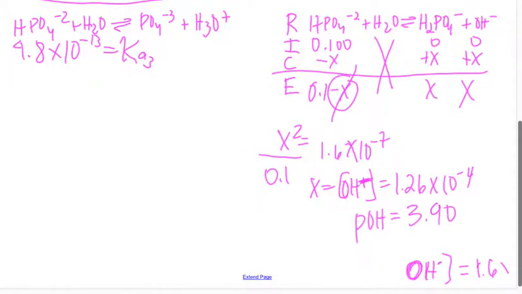And if y'all are getting something different out there, holler at me. And then pH is 10.10, right? Everyone else get that? Okay. So that is that.